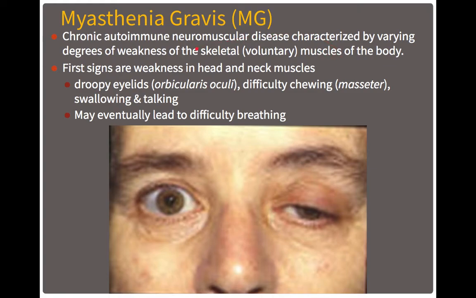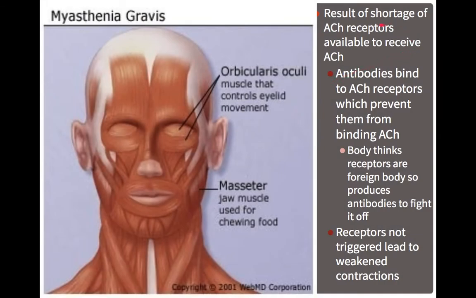And you're going to have varying degrees of weakness in all your skeletal muscles, beginning with weakness in your head and your neck muscles. And so one early characteristic is droopy eyelids. Another is difficulty chewing because you lose control of the masseter muscle in your jaw. Another is you lose the ability to swallow easily or to talk clearly, and you may eventually end up with difficulty breathing.